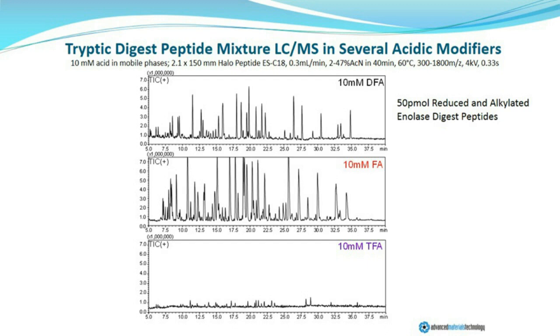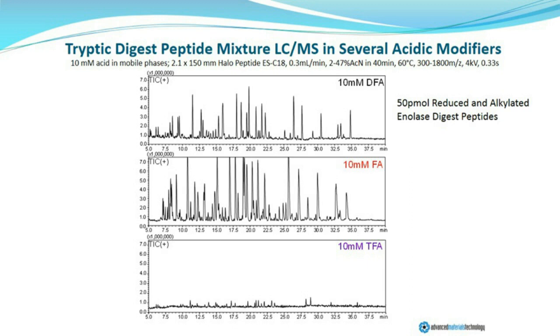If we look at the total ion current on the top for using difluoroacetic acid as the mobile phase modifier, we can compare that to formic acid in the middle panel, and we see it's not as intense, but certainly much better than what we see on the bottom panel, which is the use of trifluoroacetic acid. So again, just reiterating what we had seen with synthetic peptides with a more complex mixture, in this case, a tryptic digest.